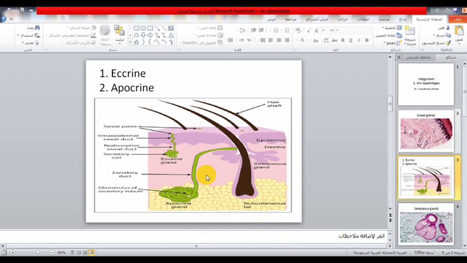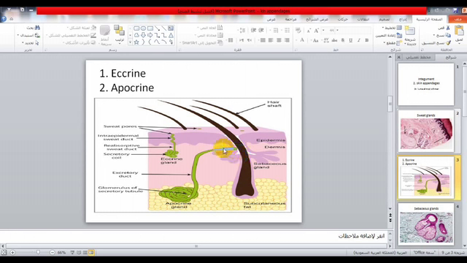The second type of sweat gland is the apocrine. It's the opposite of the eccrine because it opens not at the skin surface but beneath or near the hair follicle.